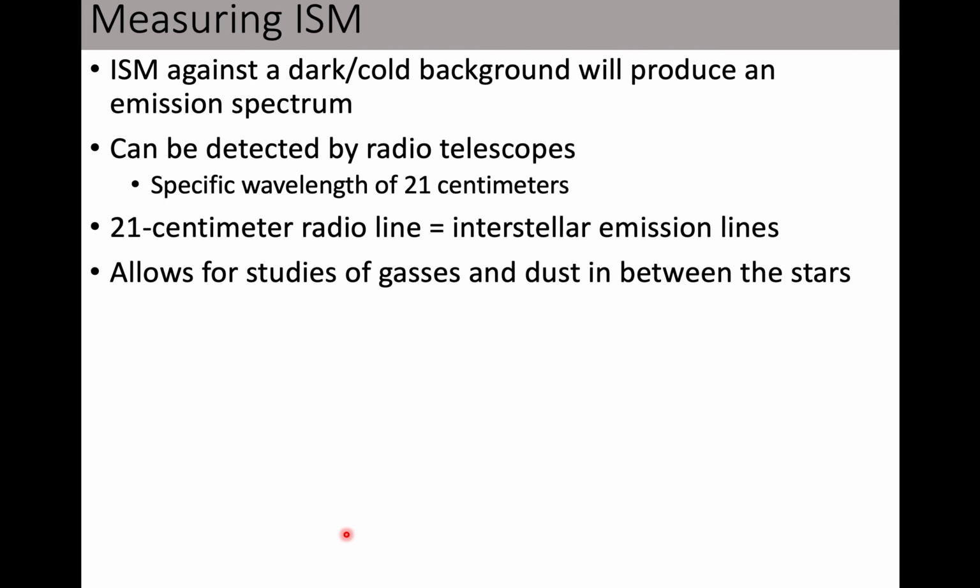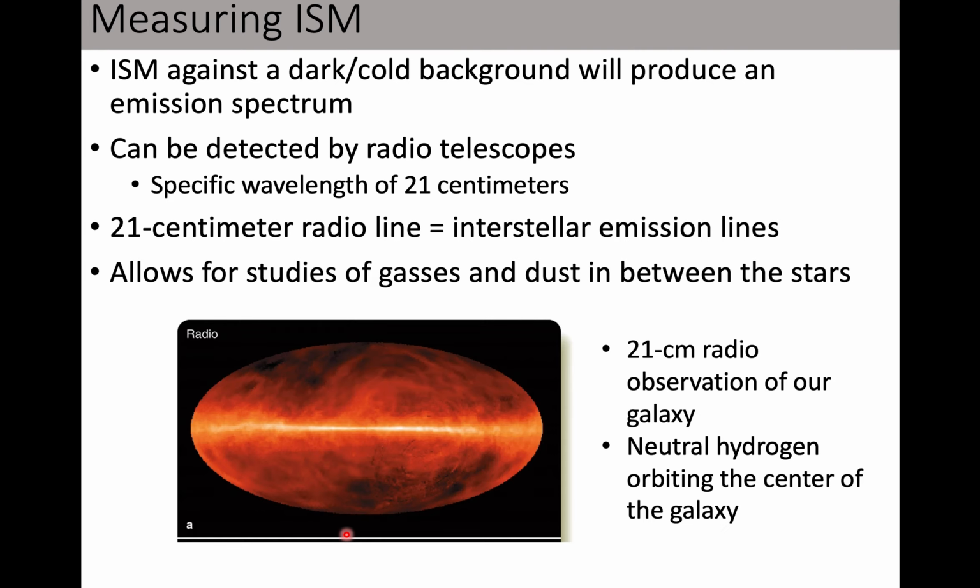A long wave telescope that measures specifically the 21 centimeter radio wavelength is going to pick up on the interstellar emission lines. So we're actually able to study the gases and the dust in between our stars that make up this ISM if we use this very specific wavelength with the telescope.